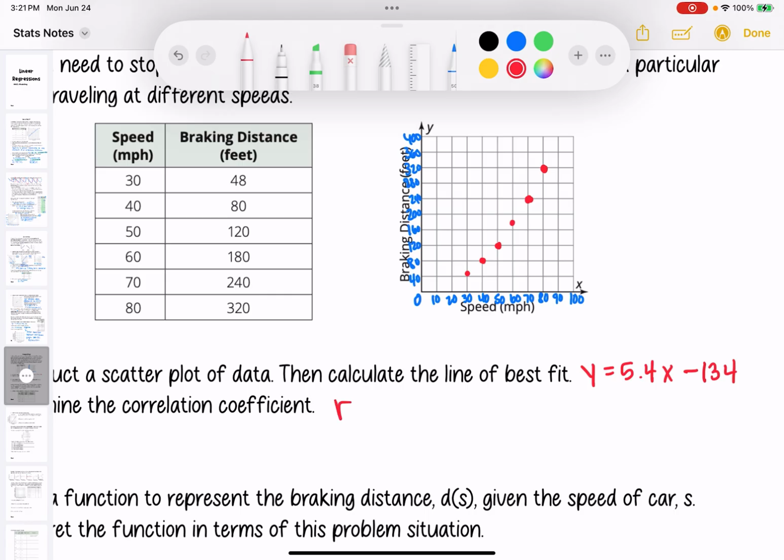And our correlation coefficient was 0.99, which is a strong and positive correlation.